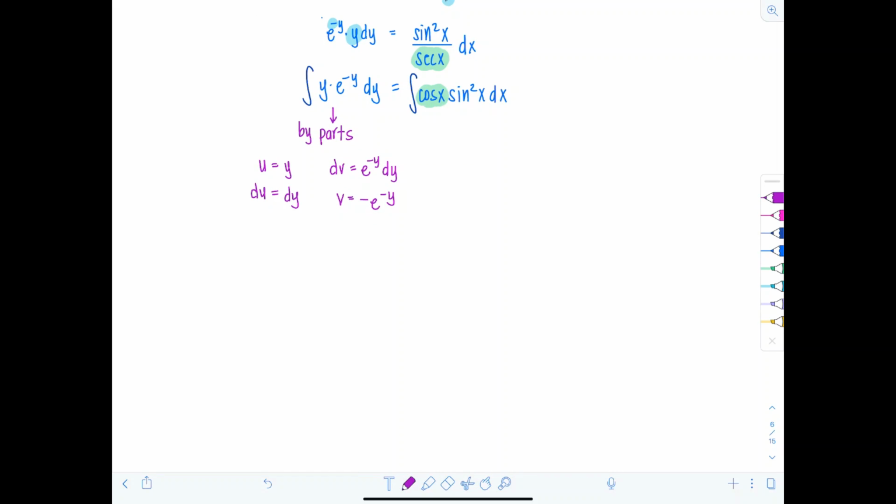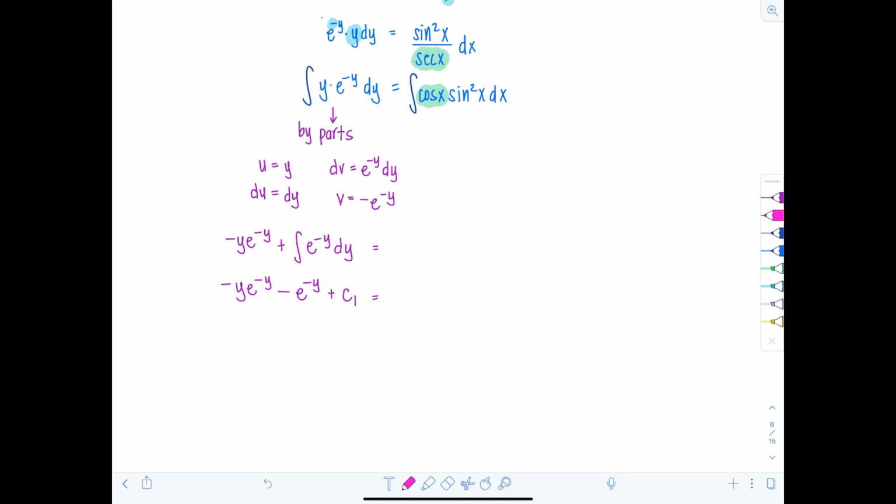And we're going to be left with negative y e to the negative y plus the integral of e to the negative y dy. And this is going to give us negative y e to the negative y minus e to the negative y. And then I'll just put a plus c1 just to show you what you could do if you wanted to put a constant. Okay, what about the other side?